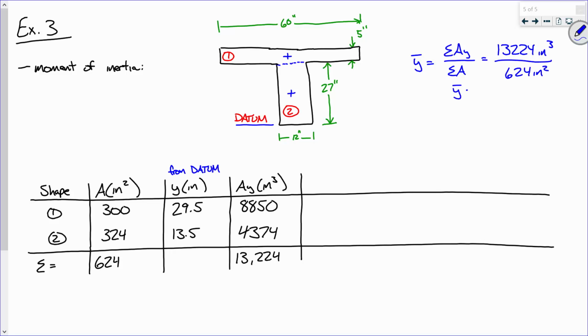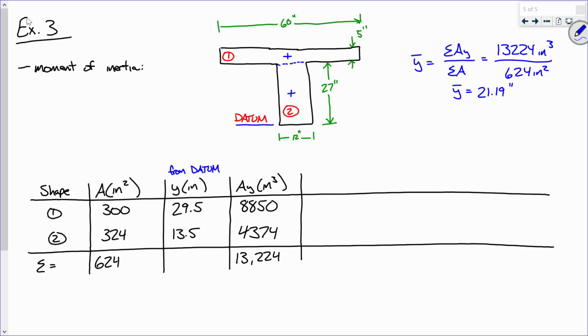So y bar equals what? Now, does everybody see where I'm getting at? Just sum of AY over sum of A, the bottom of those two columns. 21.2, like 21.19, something about like that. All right. So far, so good?